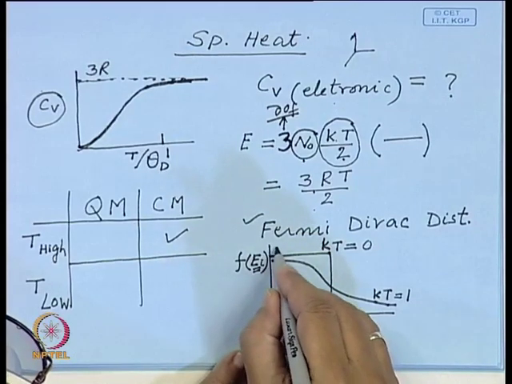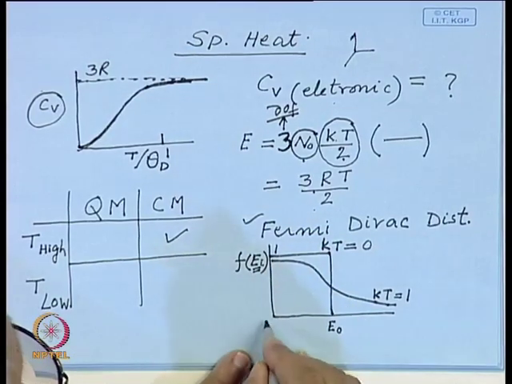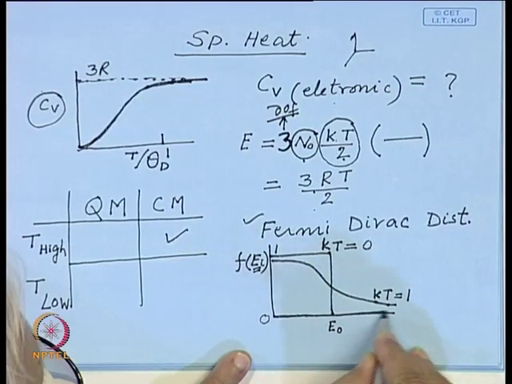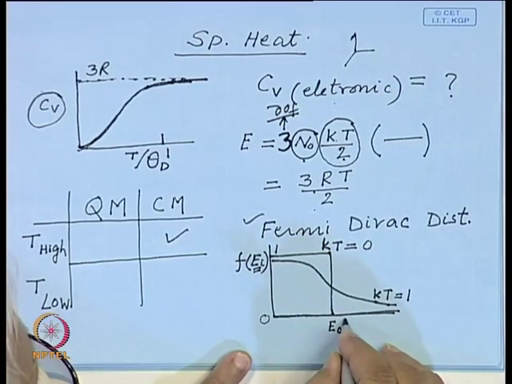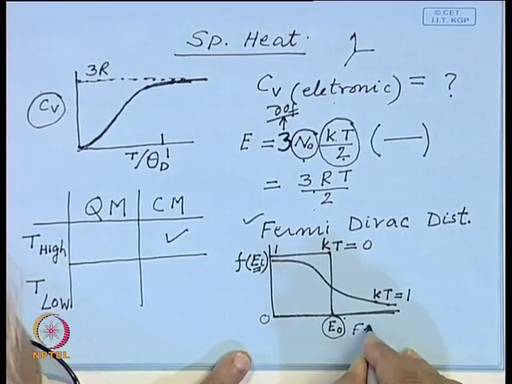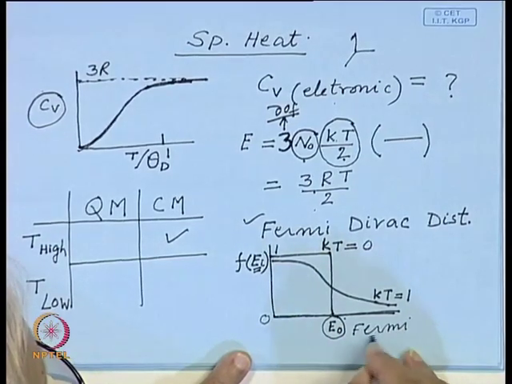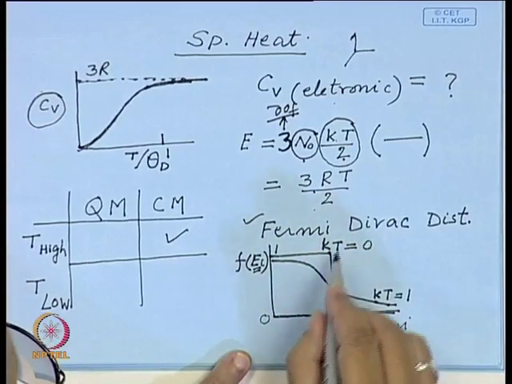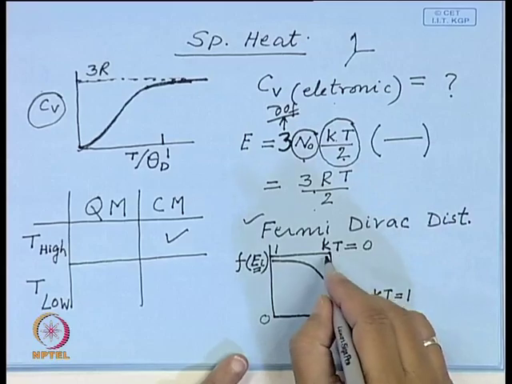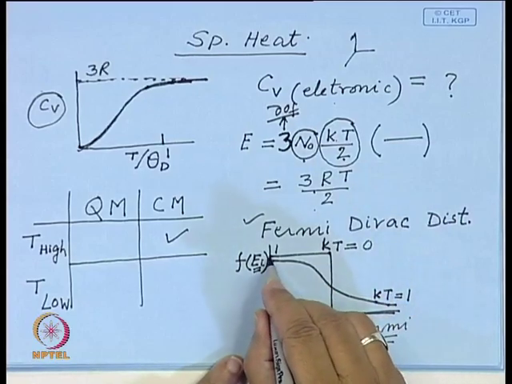Here the maximum probability is 1 and the minimum is 0, plotted as a function of energy, and this energy E 0 we call Fermi energy. And it says that at absolute 0, the occupancy rate is maximum here.